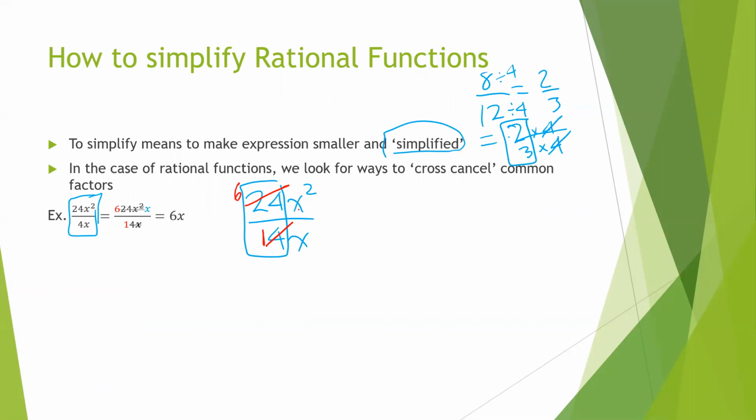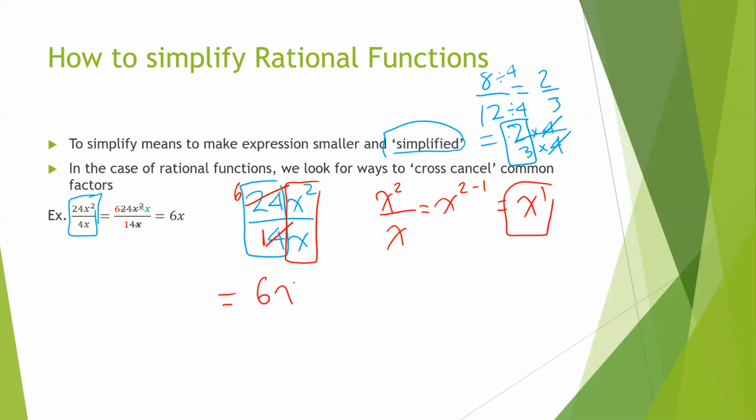And then I end up with x squared over x, and I notice that in this case, if you think back to exponent laws, hopefully you remember that x squared divided by x becomes x to the power of 2 minus 1, which becomes x to the power of 1, which you really just can write as x. So we notice that this expression right here just reduces to something very easy, 6x.